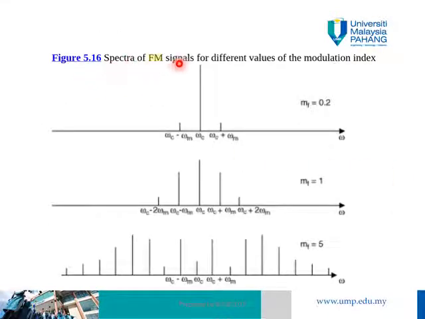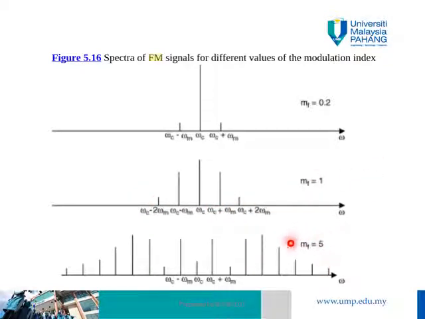So, the spectra of the FM signal for different values of modulation index. The value of the modulation index determines how many sidebands the FM signal has. If we have a modulation index equal to 0.2, we have only one below and one above. If the modulation index is equal to 1, we have two below and two above.